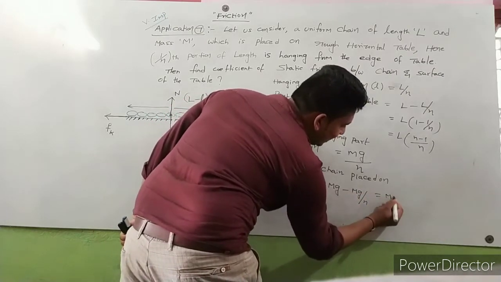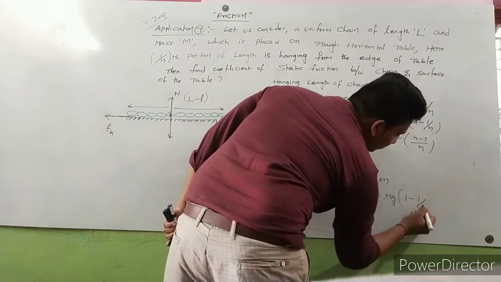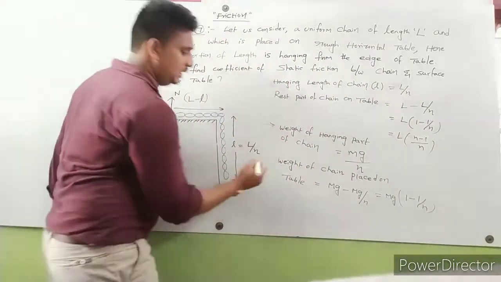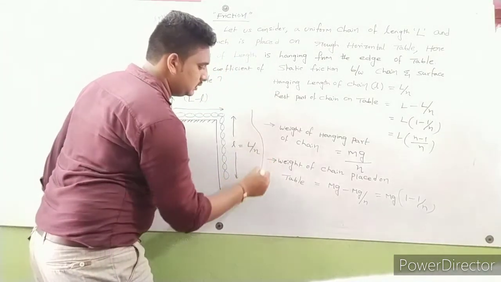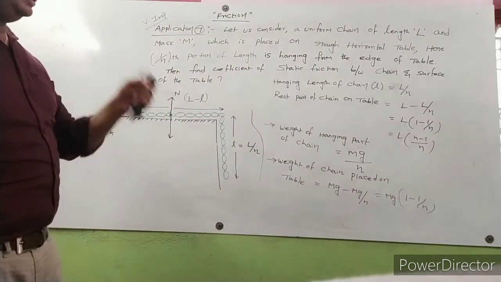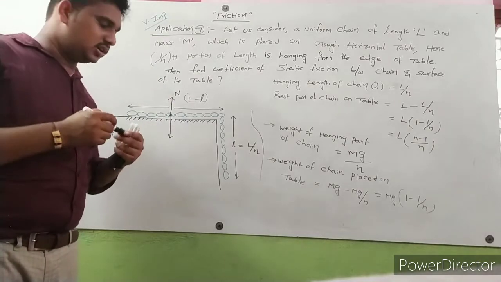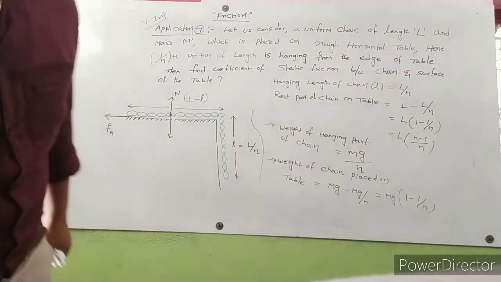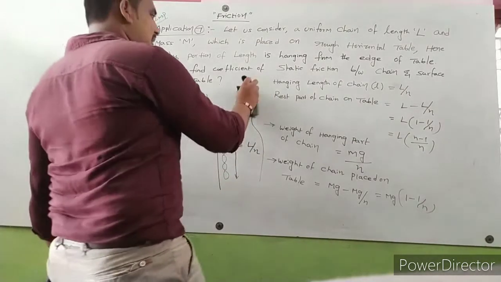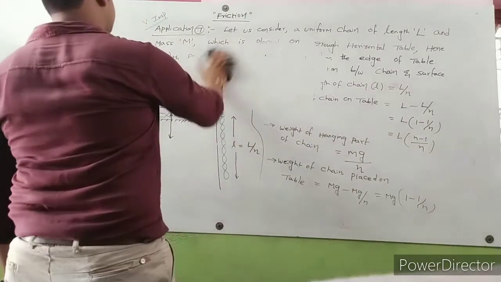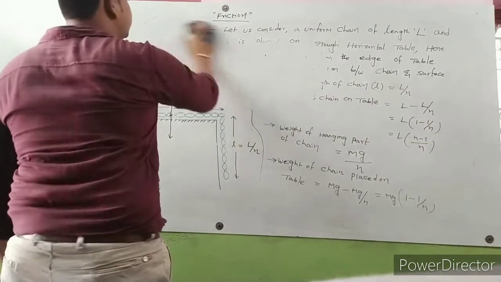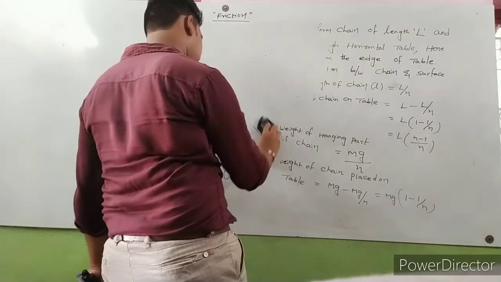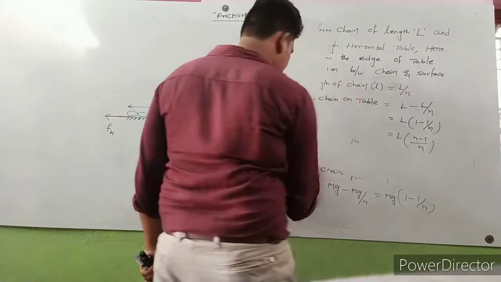Taking mg as common, it is mg into 1 minus 1 by n. So this is the data, and from this we need to find mu s.